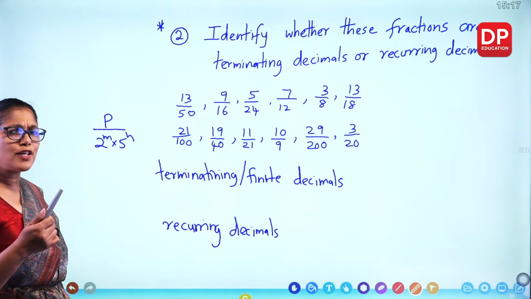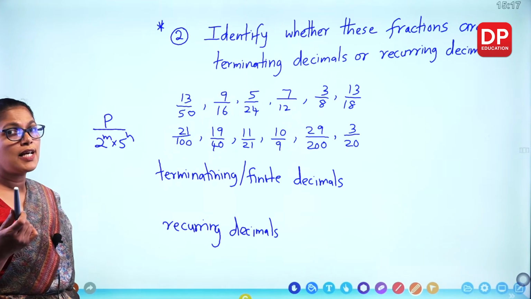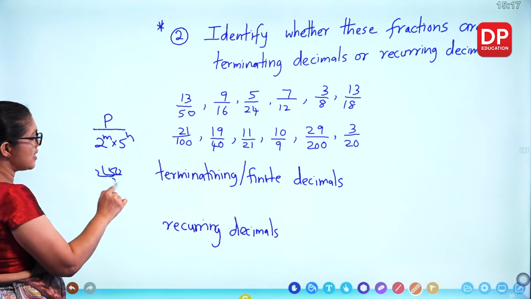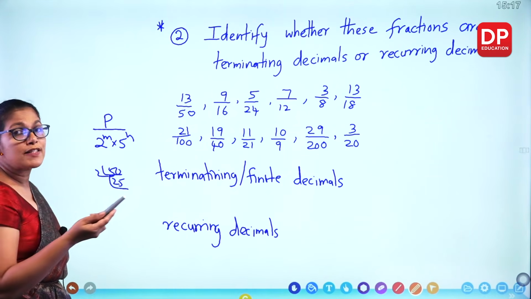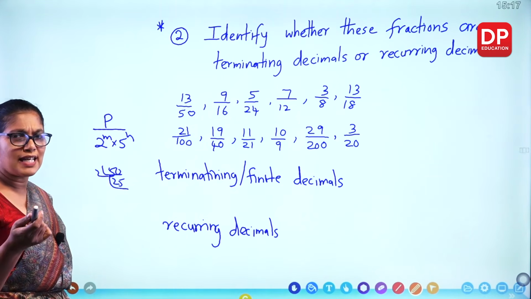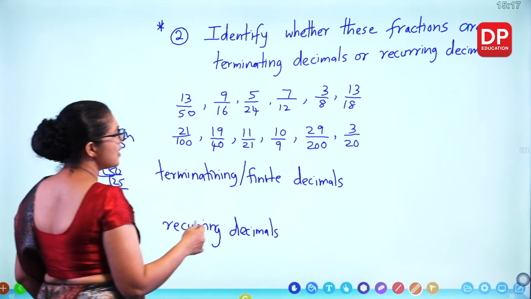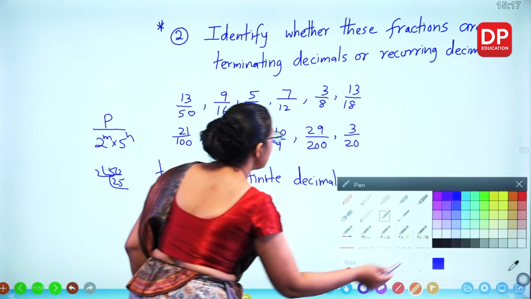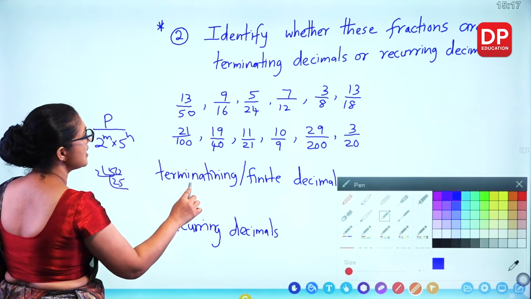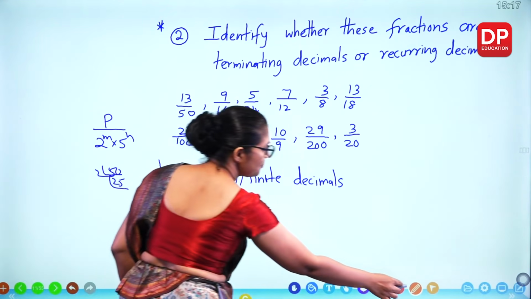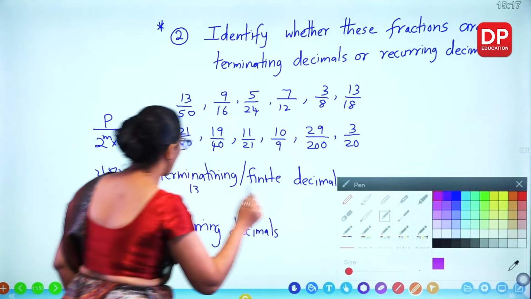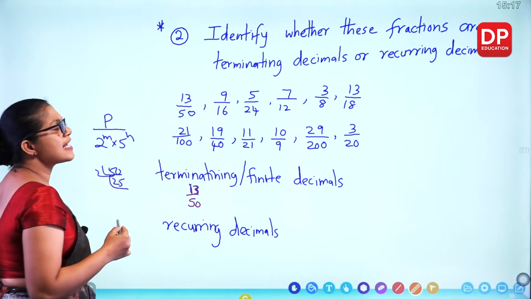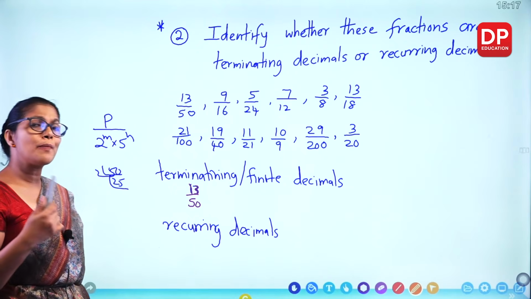So 50, how can you write it? 50 is 2 times 25, and 5 times 5, 2 and 5 only. So that means 13 over 50 is a finite or terminating decimal. What about 16? We know 16 is 2 to the power 4.